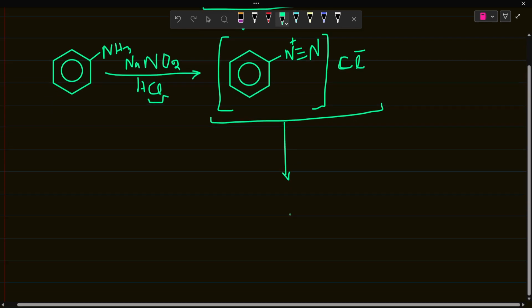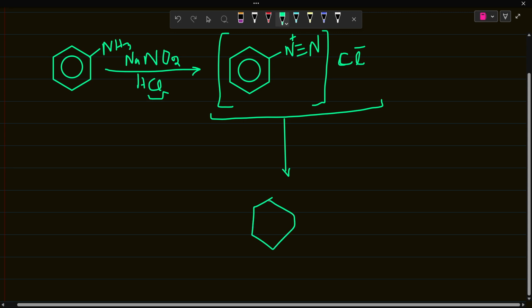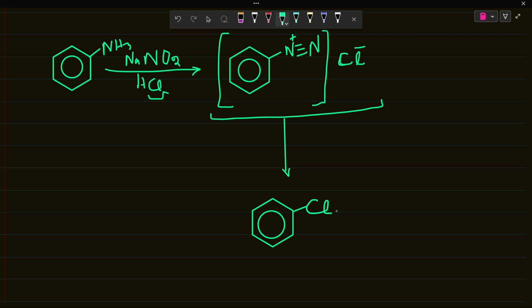We'll be forming this molecule, and here we'll be joining to it either Cl, or Br, or CN. For Sandmeyer's reaction, we'll be using either CuCl, or CuBr, or CuCN.